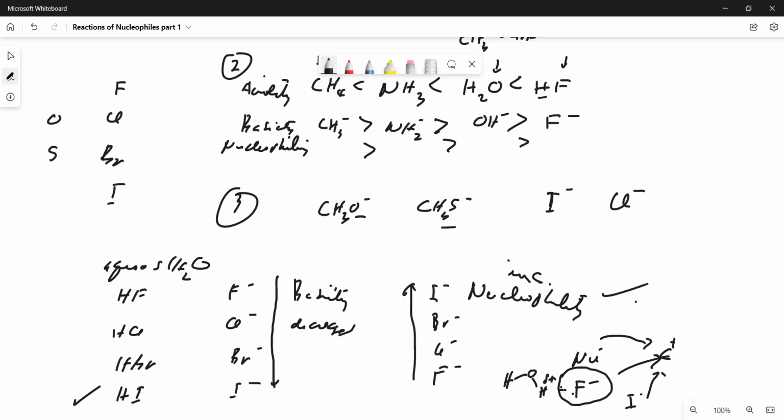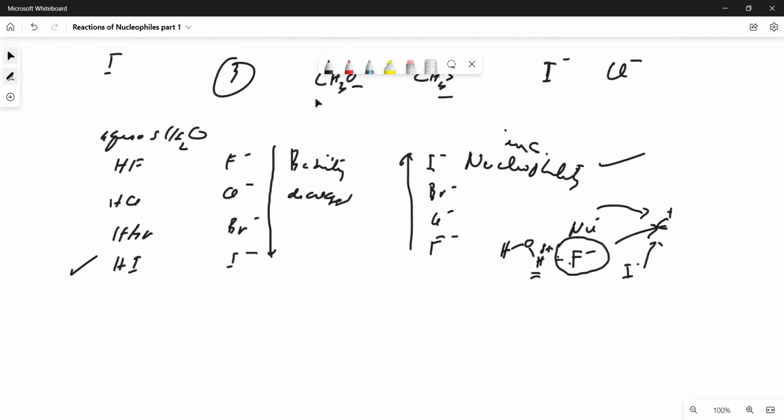And that happens in solvents that have acidic hydrogen. Those solvents that have acidic hydrogen are what you call protic solvents. So protic solvents like water, methanol, acetic acid, they have acidic hydrogen, no?